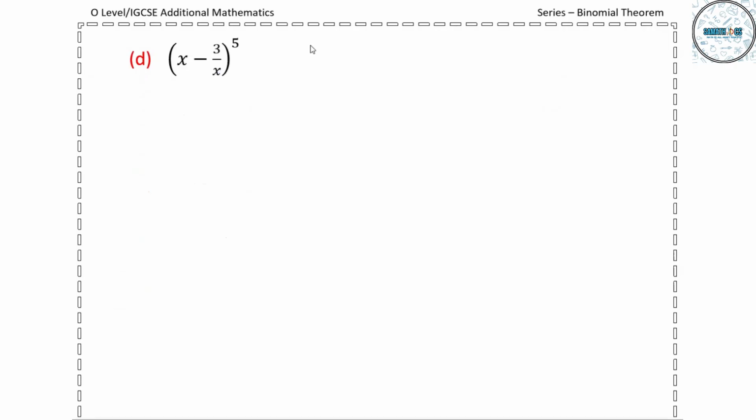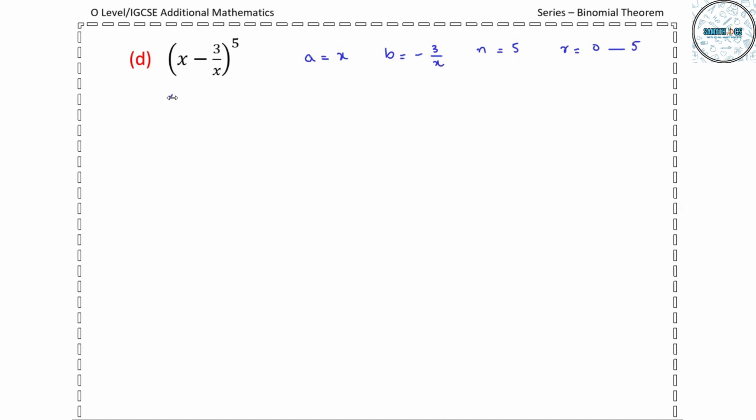We'll be doing in the same way. A is x, b is to be considered as negative 3 upon x, n is 5, r values to be considered from 0 till 5.